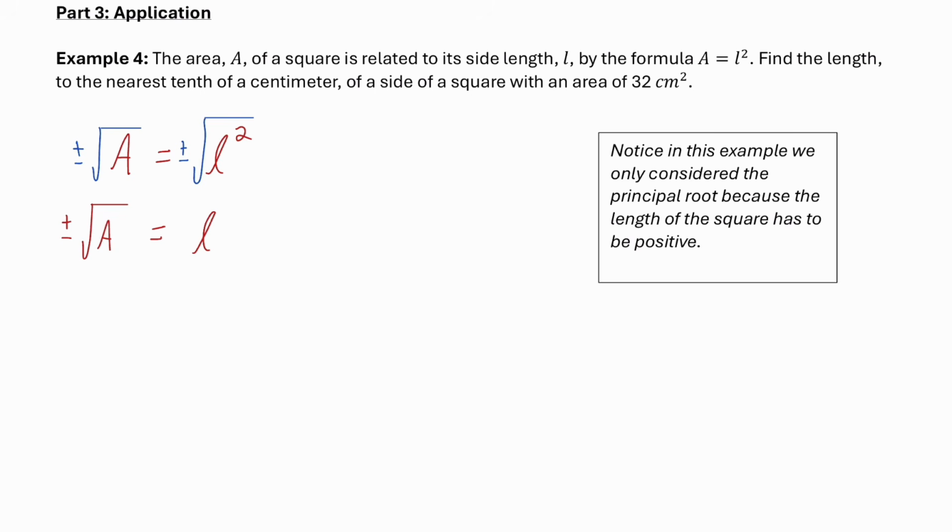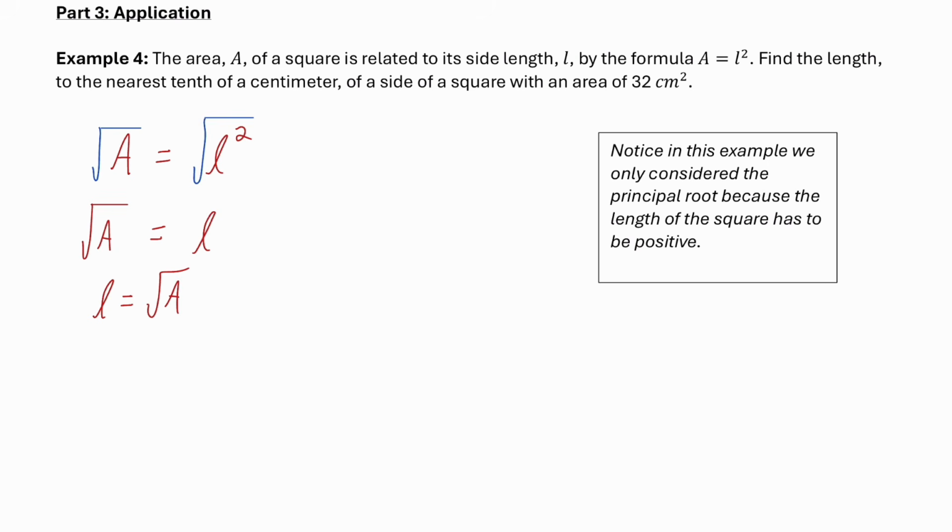But notice in this formula, it says we need to consider both the positive and the negative of the square root of A to determine the possible length. Well, the length of a rectangle can't be negative. So in this case, based on the context of this question, we can ignore the negative root of the area and just find the principal root of the area and say that's the only possibility for the length of the square. So now that my length is isolated, the length is equal to the principal root of the area.